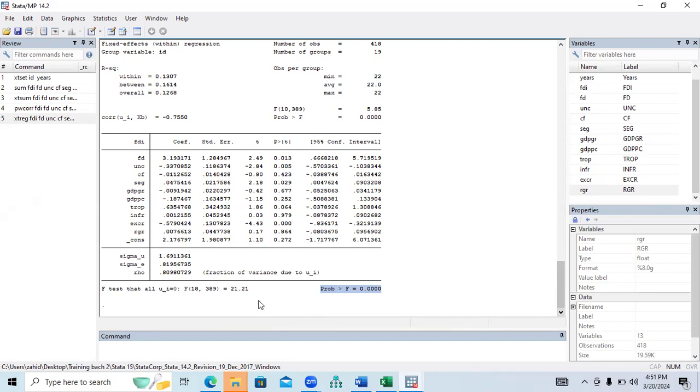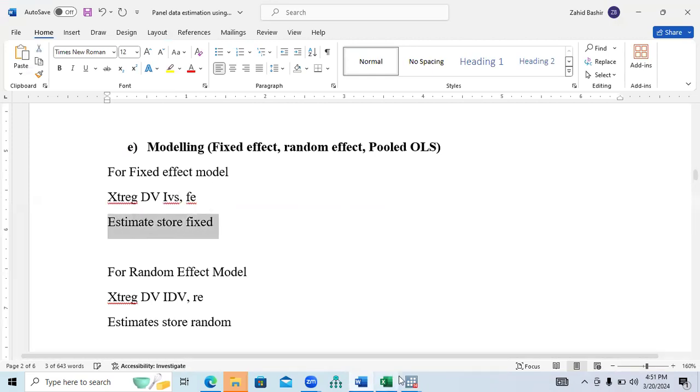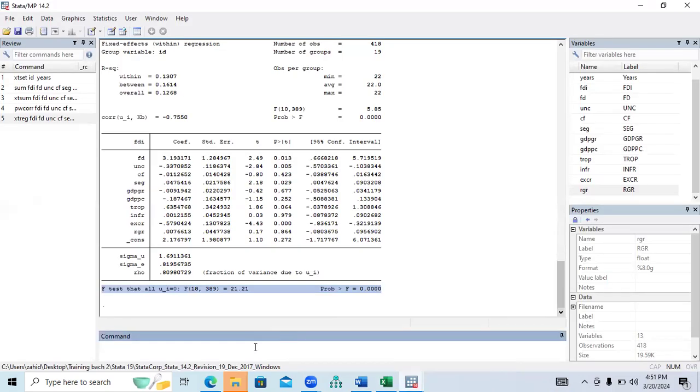But we need to apply some further estimates in order to confirm whether this assumption is really valid or not. So how can we apply this? The next thing that you need to understand is you need to store your fixed effect command. We need to write estimate store fix.